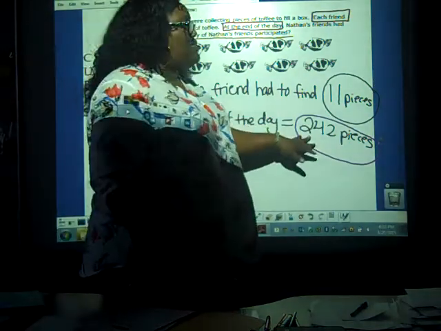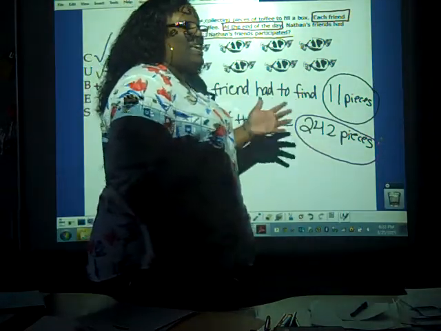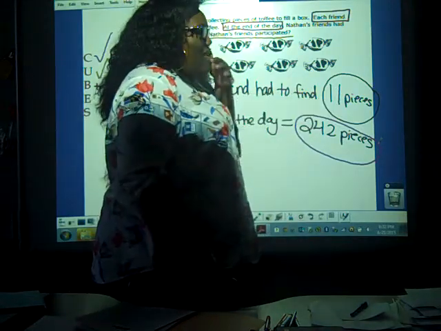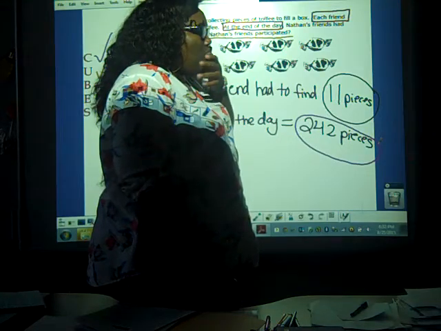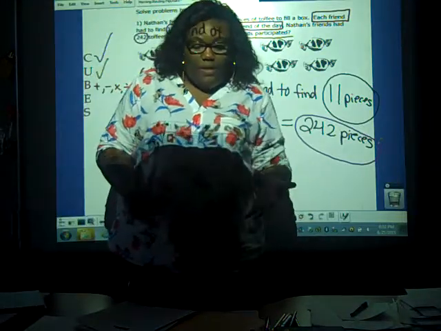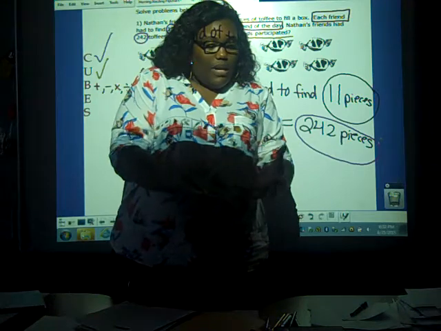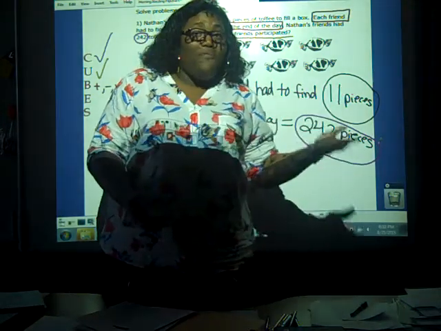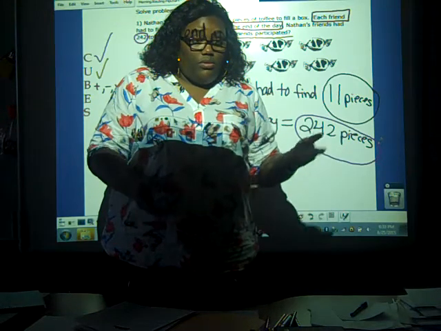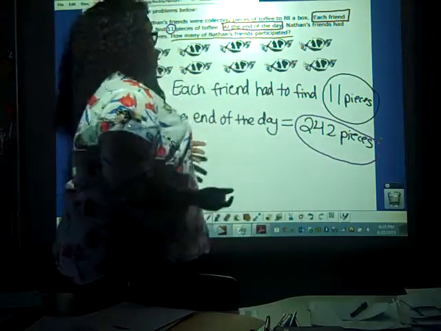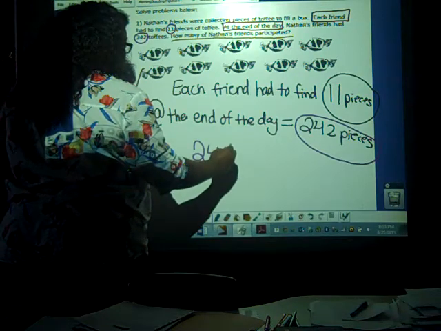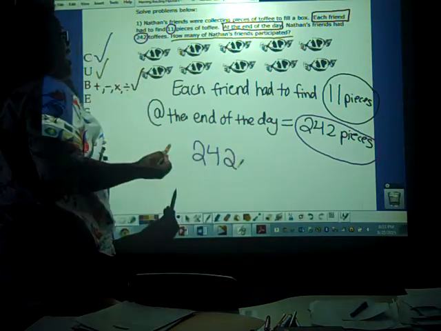Well, 242 pieces, I consider that my answer because that was what they had at the end of the day. That was their total amount. But everyone had to find 11 pieces. So if someone brought me 242 pieces of toffee in my hand and said everyone had to find 11 pieces, okay, I need to figure out what's missing. What do I need to do? Maybe I could divide.